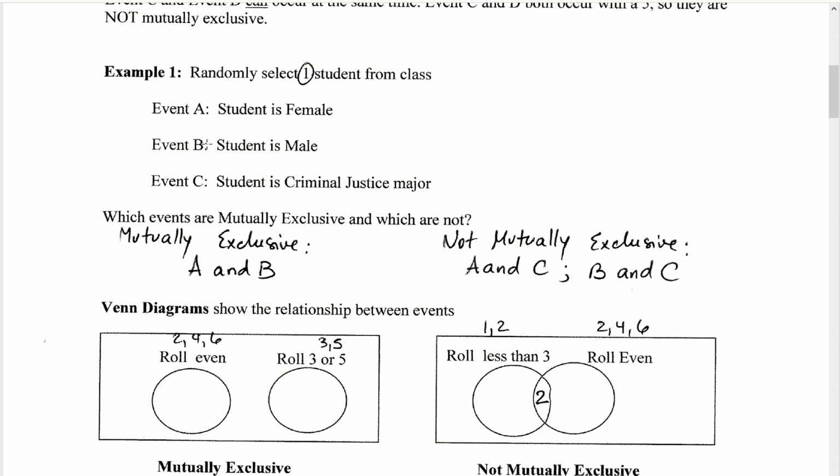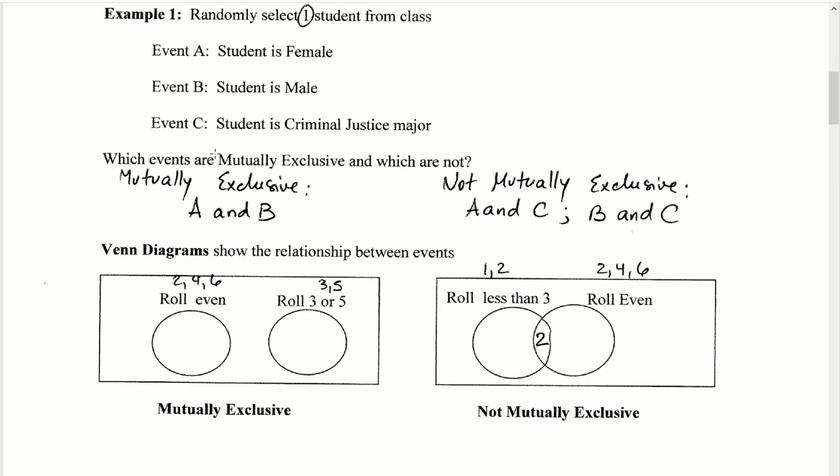Similarly, B and C would also not be mutually exclusive because it's possible to select a male criminal justice major, which would mean that both B and C would occur. So in terms of our pairs, A and B would be mutually exclusive, whereas A with C and B with C would not be mutually exclusive.